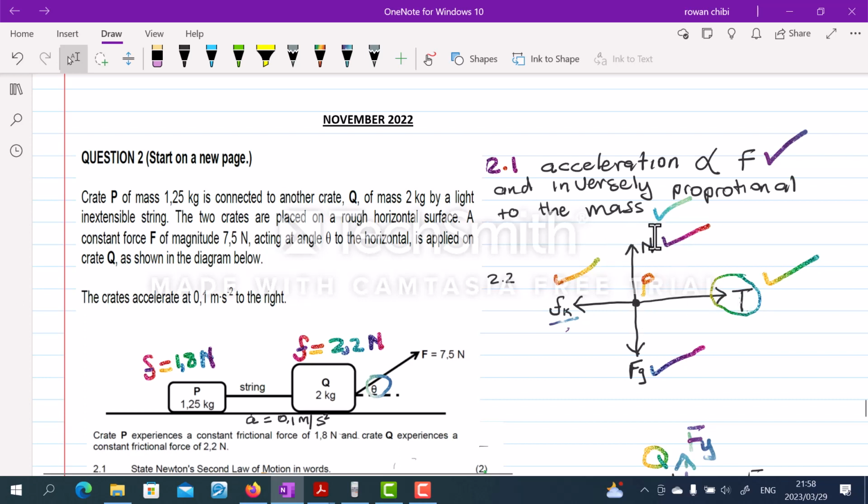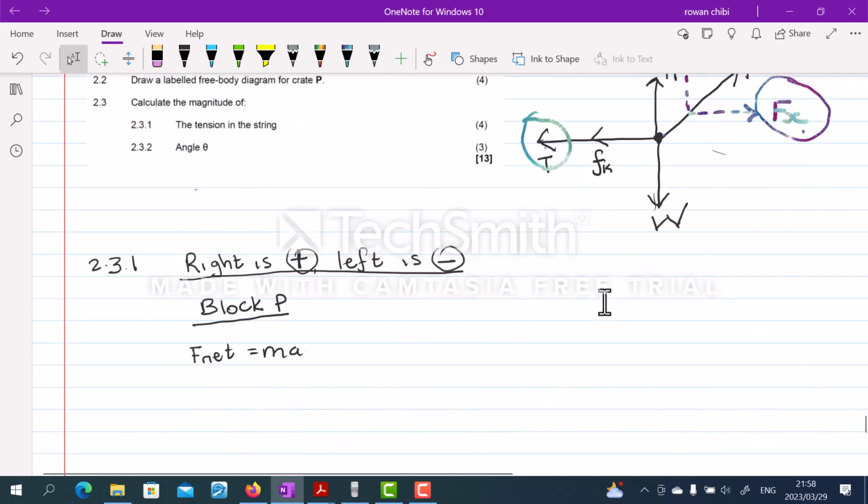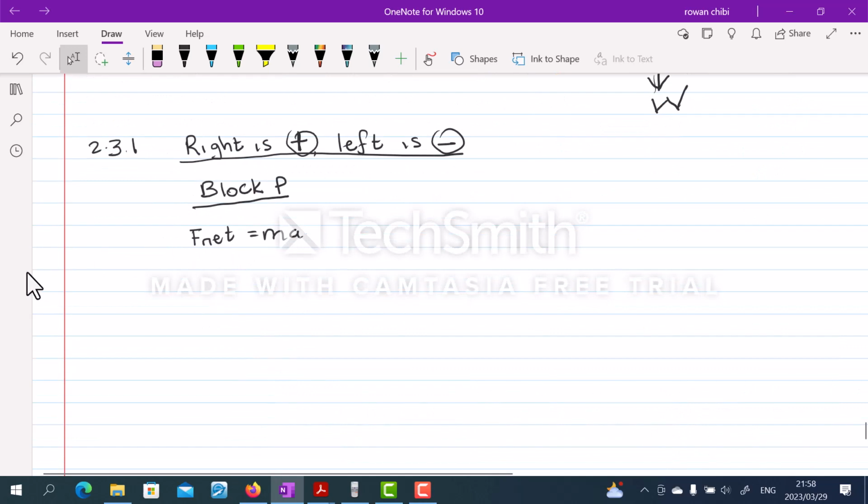The normal force and the weight are not doing any movement to the object, so we don't include the vertical forces, only this F net.